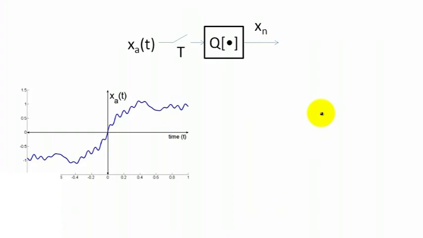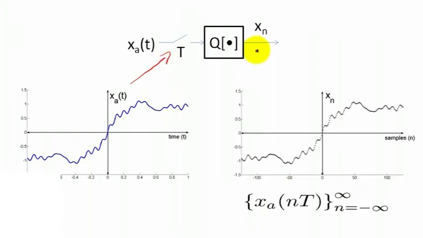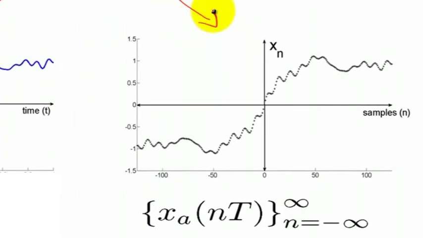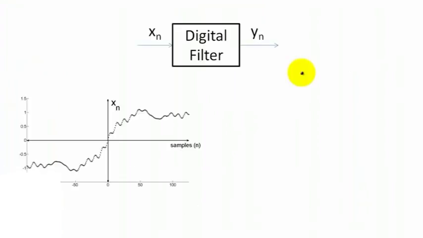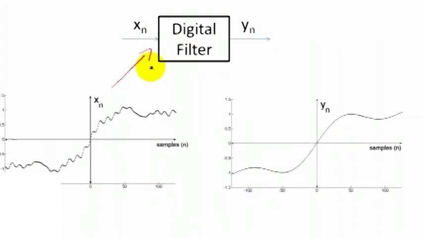First, we input the signal x sub a of t, which has high and low frequencies, into the A to D converter. x sub a of t is sampled by the periodic switch and quantizer to create the digital signal x sub n. x sub n would then be stored in computer memory as a set of bits. x sub n is then sent to the digital filter, which will produce the low-frequency discrete signal y sub n.